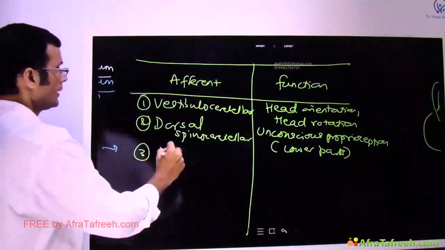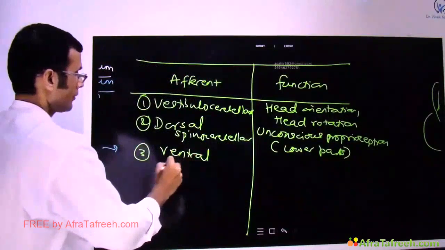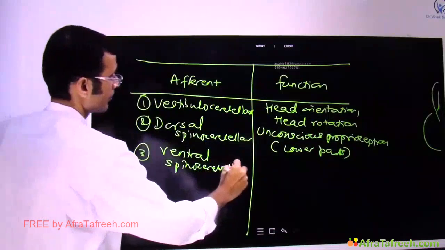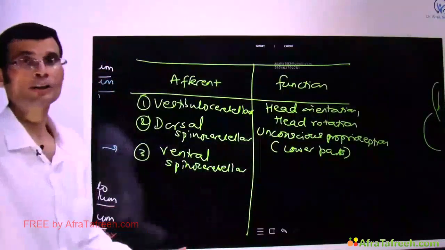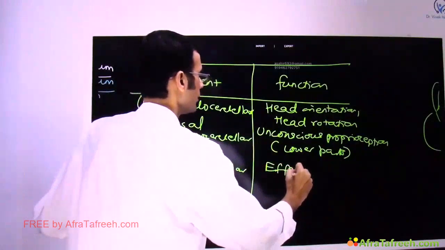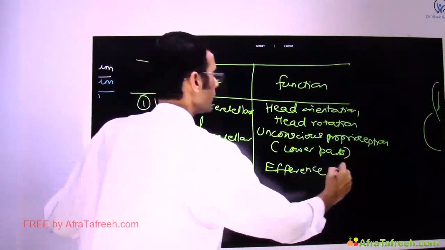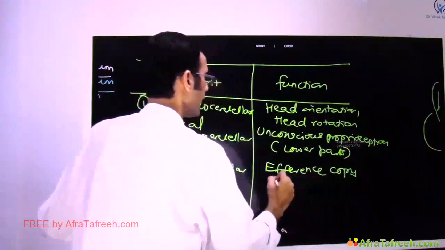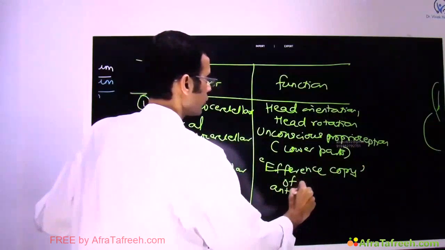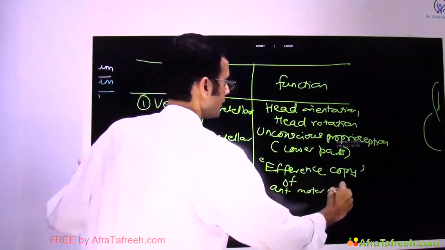Then there is ventral spinocerebellar. Ventral spinocerebellar carries what into the cerebellum? It carries the so-called efference copy of the anterior motor neuron.